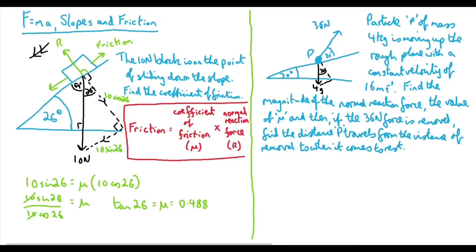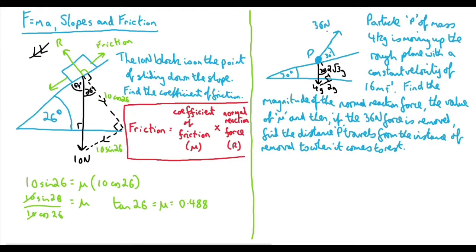This is going to be 30 degrees. Like before, sine 30 for this side is going to be a half, so a half of 4g, which is going to be 2g, and here the cos 30 is going to be √3 over 2, so that times the 4g is going to be 2√3g.